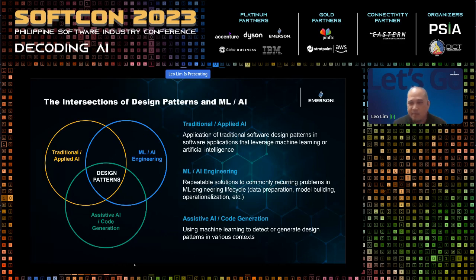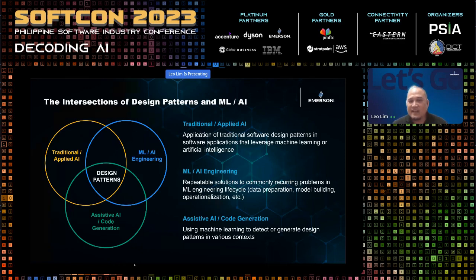There's the data preparation, the model building, how you operationalize your models, including deploying them, maintaining them, keeping them relevant, retraining your models, those types of things. So there are also design patterns that you can apply to machine learning or AI engineering workflows.